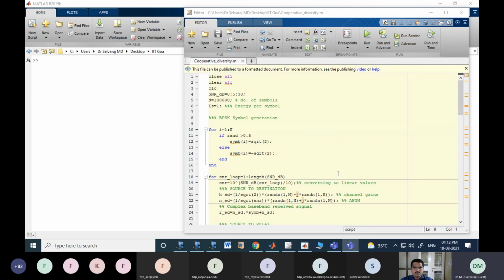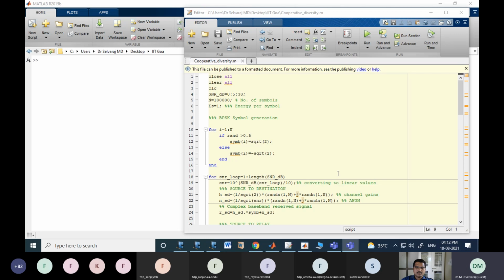Okay, what happens if the relay is deployed with multiple antenna systems? In that case, can we expect more performance improvement end-to-end? Yes, here the improvement can be done.